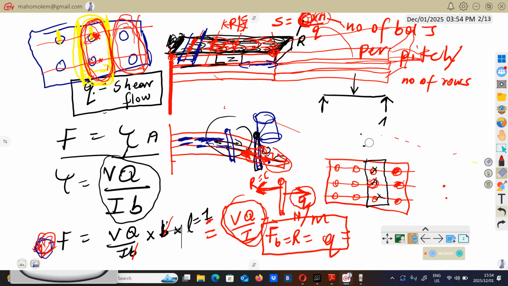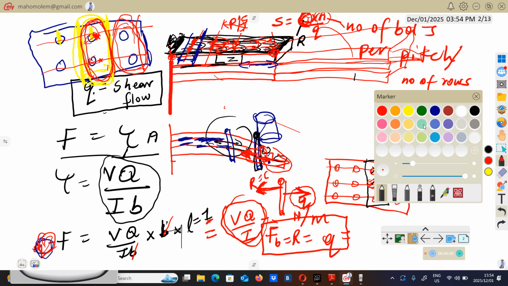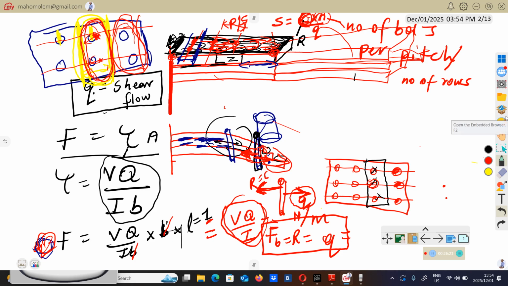Let me use this space. Right. So this force will be calculated using this. Then the resisting force by the bolt, F resisting, will be given by this. It's basically coming from this.